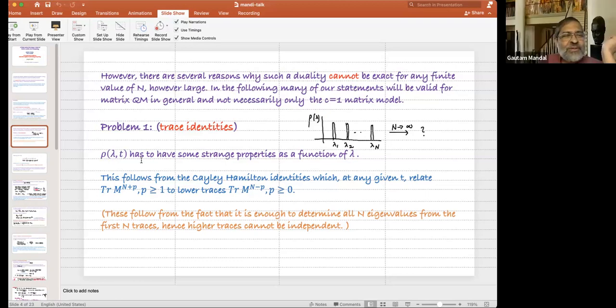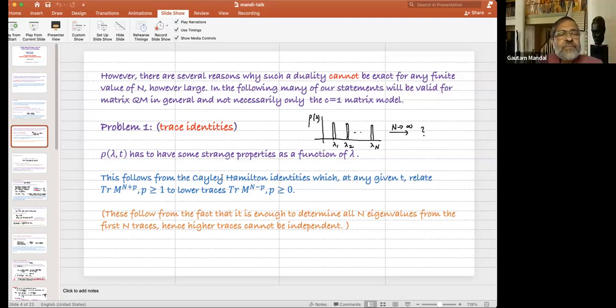So this rho of lambda and t has some strange constraints. It's a very weird function so far as its functional dependence on lambda goes. I'll explain where that comes from. This actually comes from constraints imposed by trace identities. So what are trace identities?